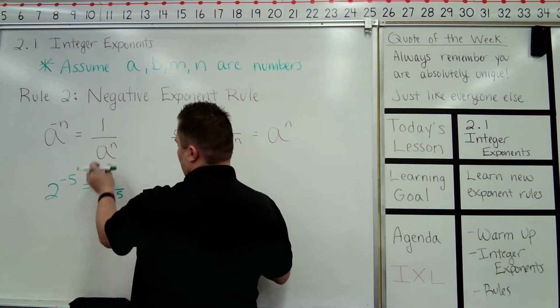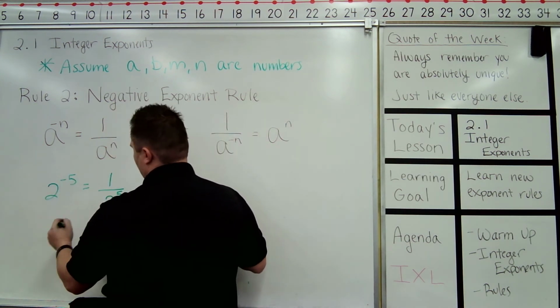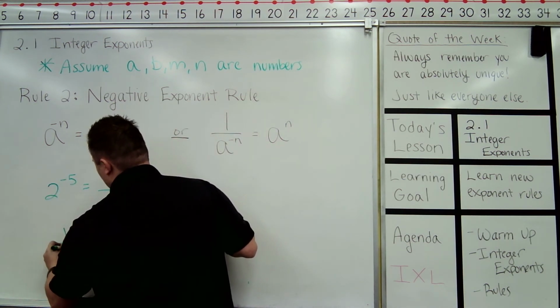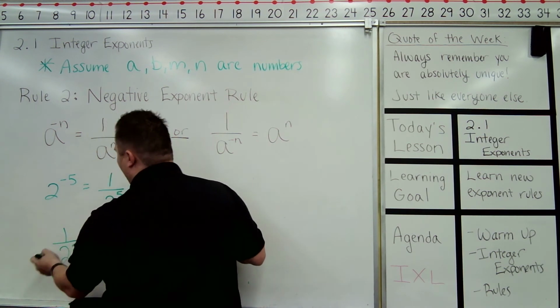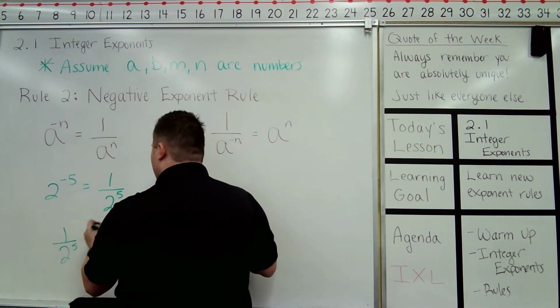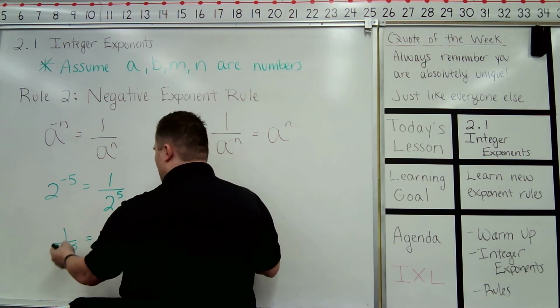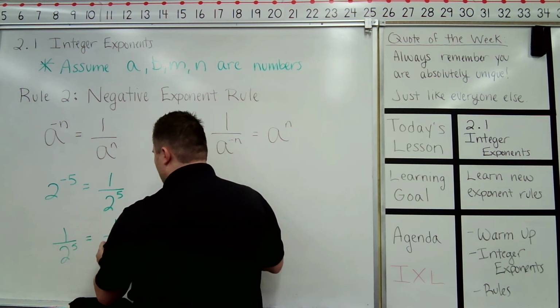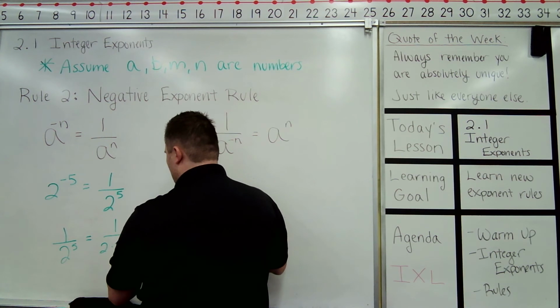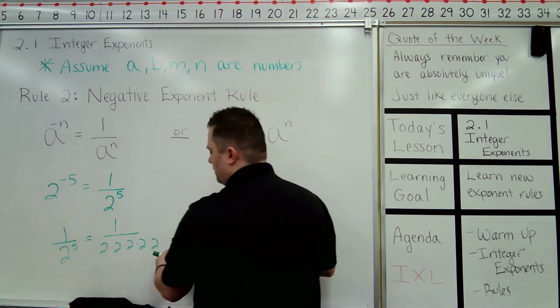Okay, this is not the solution, but it does help me. 1 over 2 to the 5th. I know what 2 to the 5th is. I can think of that as 2 times 2 times 2 times 2 times 2. There's 5 2's, right?